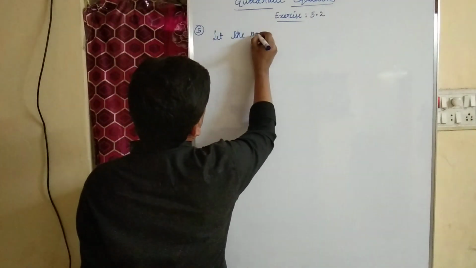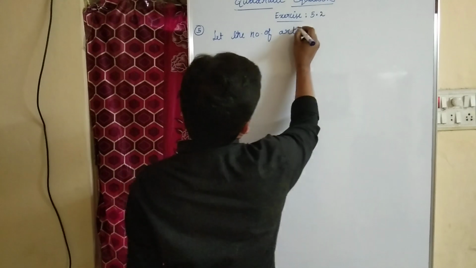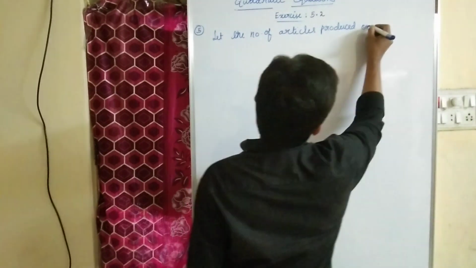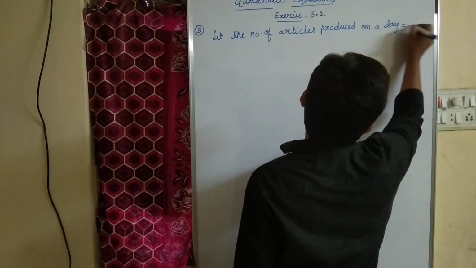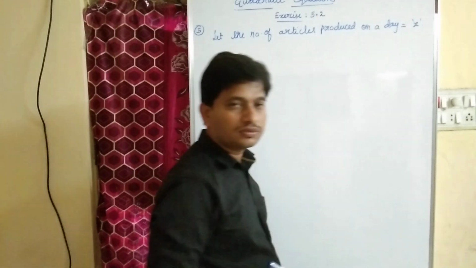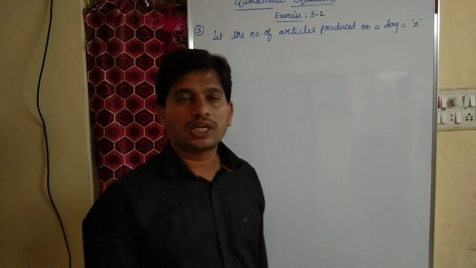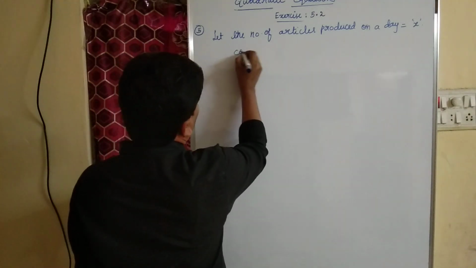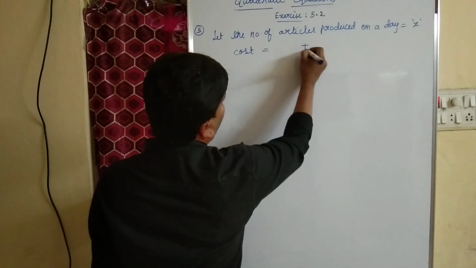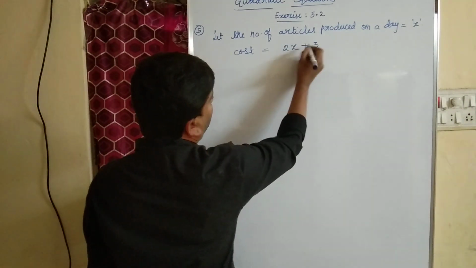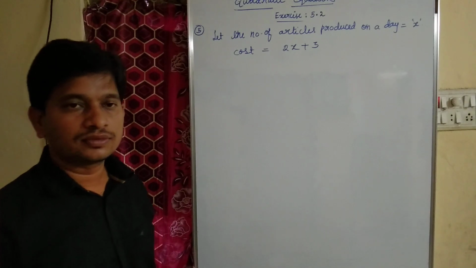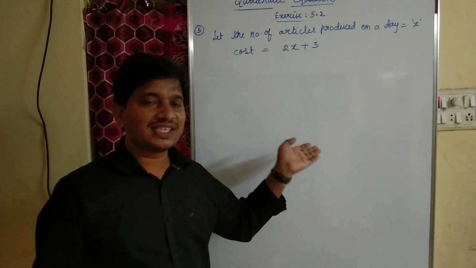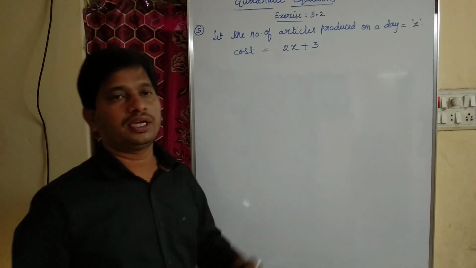Let the number of articles produced on a day, per day, be x. What is the cost of each article? 3 more than twice the number of articles produced. 3 more means plus 3, twice means 2 into x.